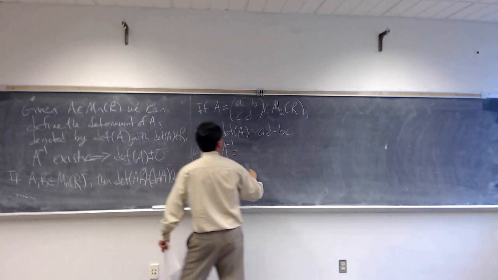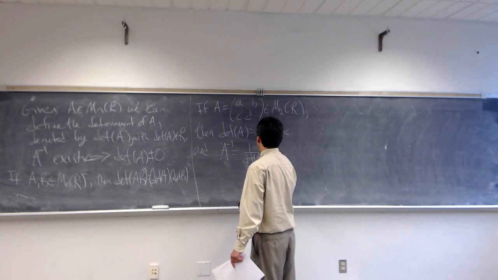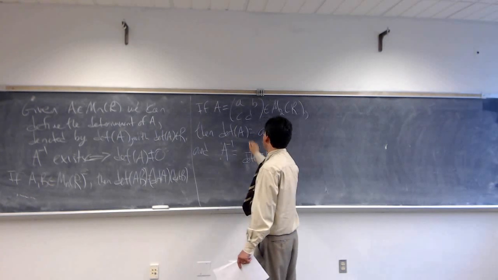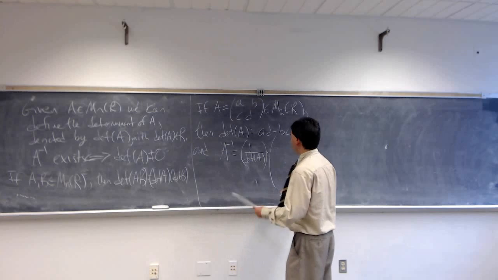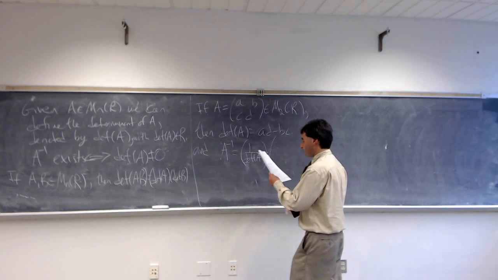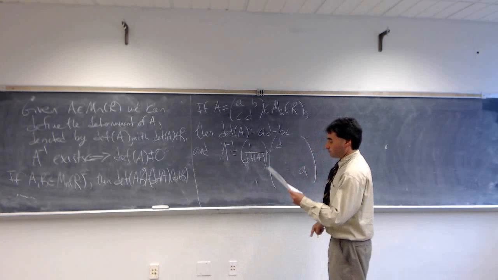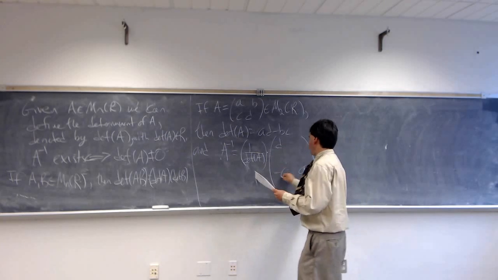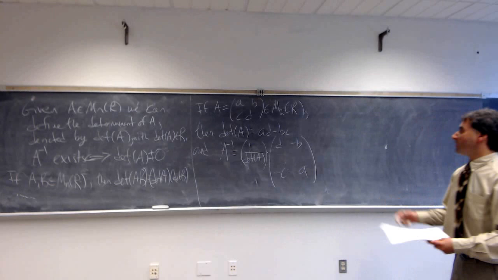And then A inverse is just 1 over the determinant of A, that's a scalar number, times the matrix with a and d switched, and then b and c pick up negative signs.